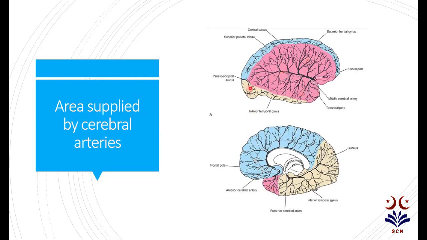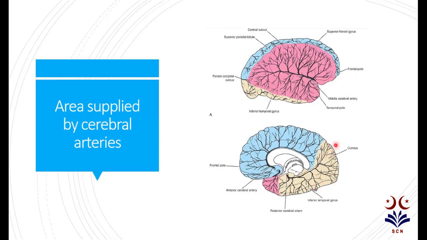So one remains, that is the posterior cerebral artery, which is coming from the basilar artery. This is the medial aspect, a large part of it. Below this is the temporal part, and you see this is coming to the occipital part, up till this cuneus.